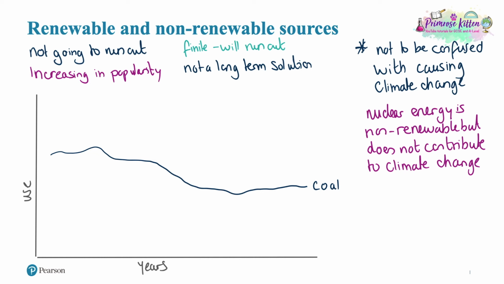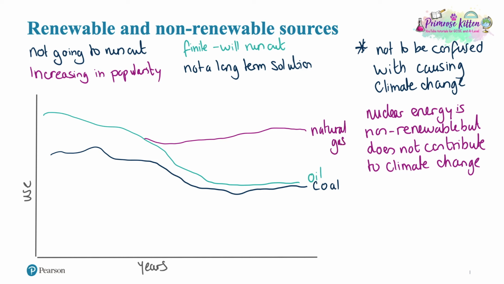You can see that over time the usage in coal is decreasing, as is the usage of oil. Natural gas popularity isn't changing too much, whereas nuclear power is increasingly popular.